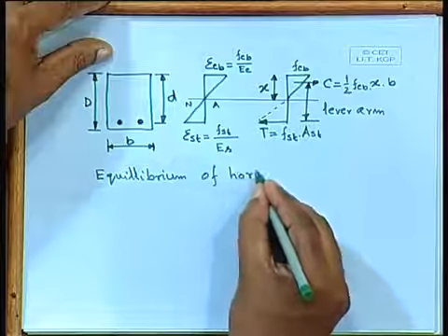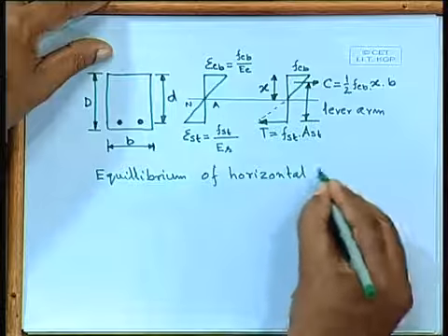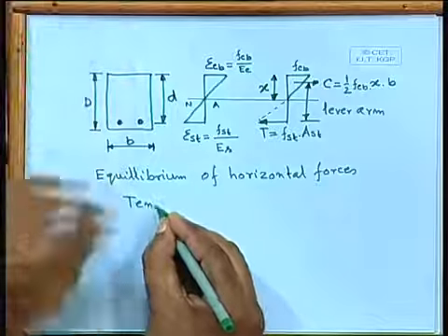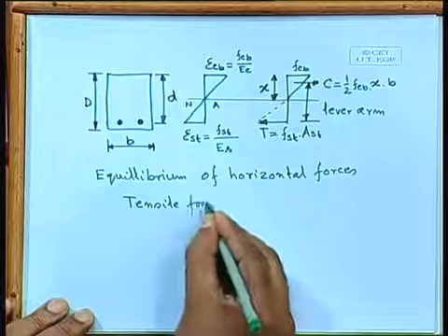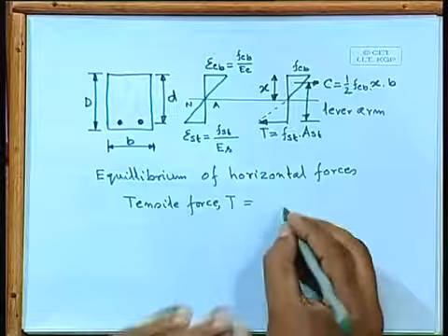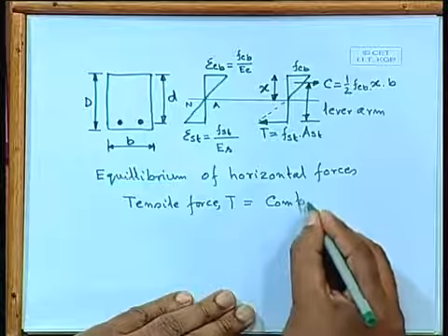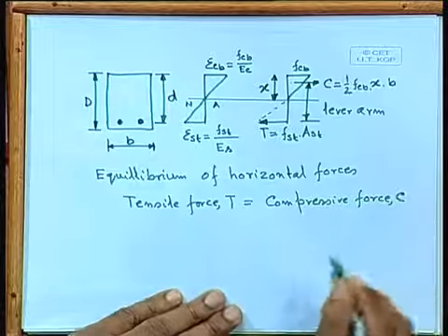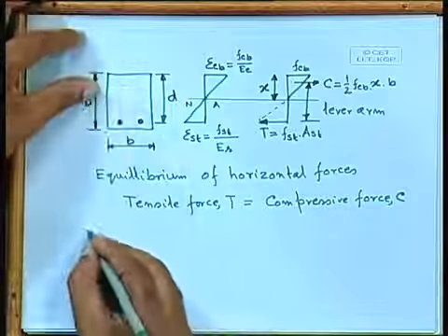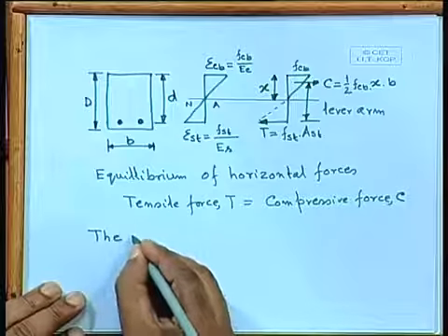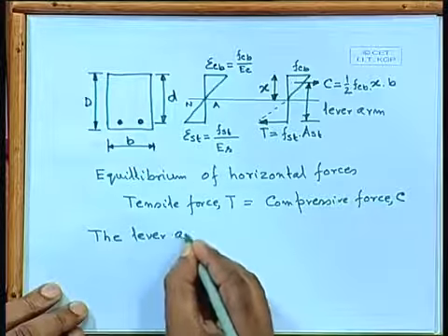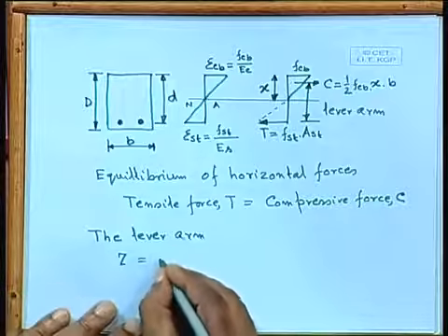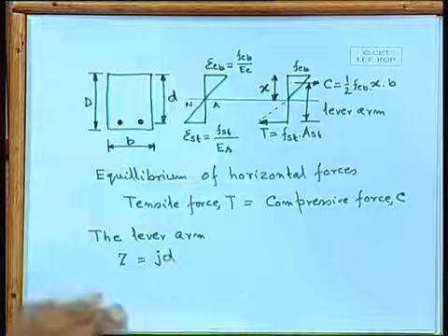So, equilibrium of horizontal forces. Tensile force T equal to compressive force C. The lever arm, we can consider this one as Z equal to, we can write down a fraction of D. D is the effective depth.